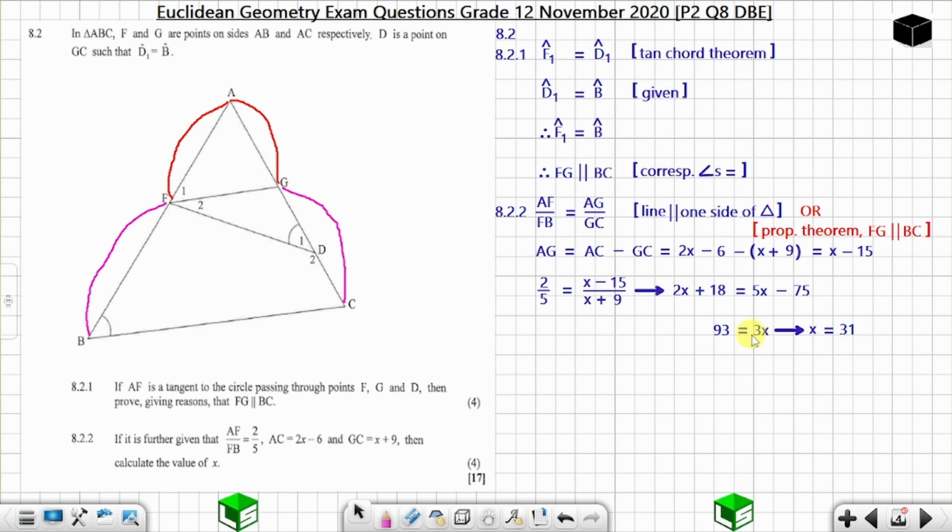Okay, so we have x. We can also use this combination. Let me show you.